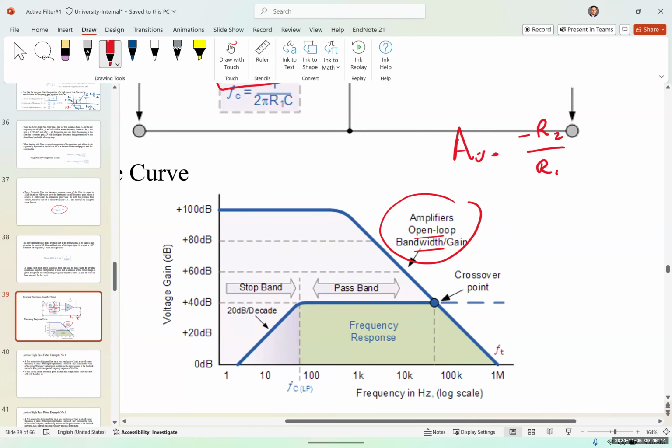For an active high pass filter, this is FC, the cutoff frequency. In theory, if we just had a passive high pass filter, we wouldn't have any upper cutoff frequency. But since this has an active element, the op amp is going to limit our upper cutoff frequency, and we're going to have this crossover point, which is our upper cutoff frequency. And again, this F2 or FH is going to be equal to F unity, or gain bandwidth, over A.